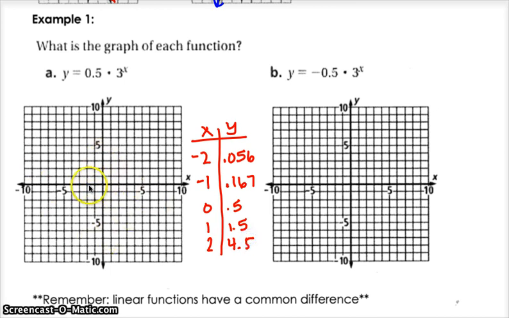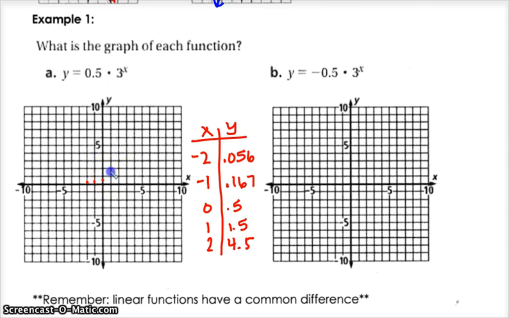I'm over at -2, and 0.056 is just very, very tiny, so I'm going to be very close to the x-axis. At -1, I'm at 0.167, so just a bit higher. And then over at 0, I'm at 0.5, so midway between 0 and 1. At 1, I'm at 1.5, so I'm starting now to increase pretty quickly.